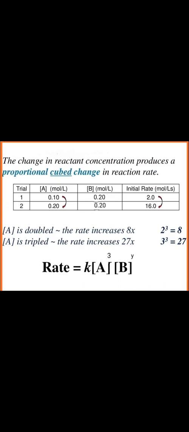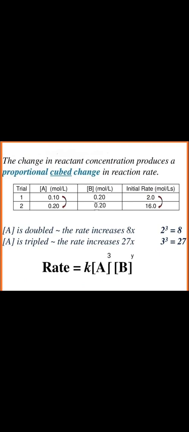A is doubled, the rate of reaction increases by 8 times. If the concentration of A is tripled, the rate of reaction increases by 27 times, that is the change is in cube, 3 पटीनं चेंज झालेला आहे.